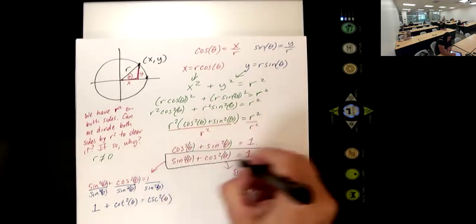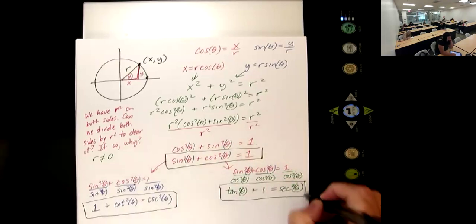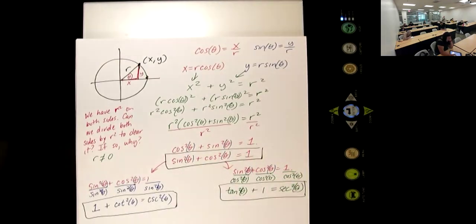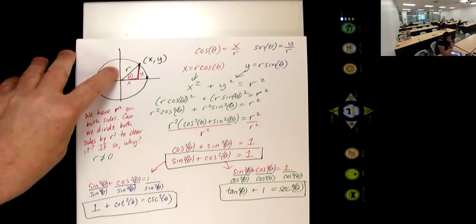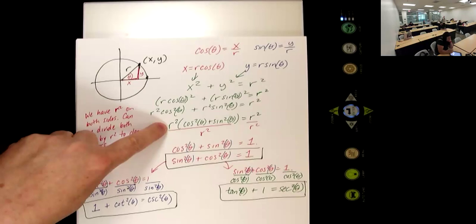So we have that one, and that one, and that's the derivation. I could have gone straight with the unit circle, r equals 1, and bypass this whole r squared thing. But I wanted to make sure you know this holds true for every circle, not just the unit circle.